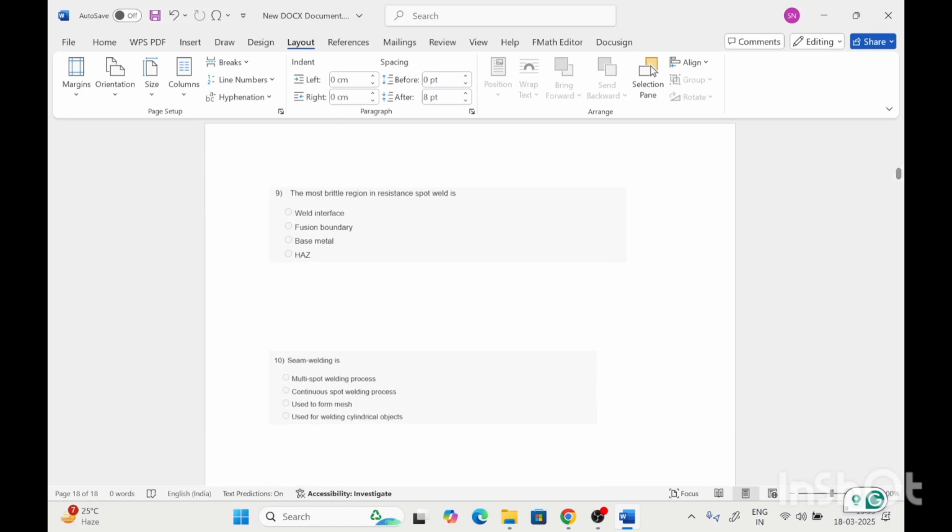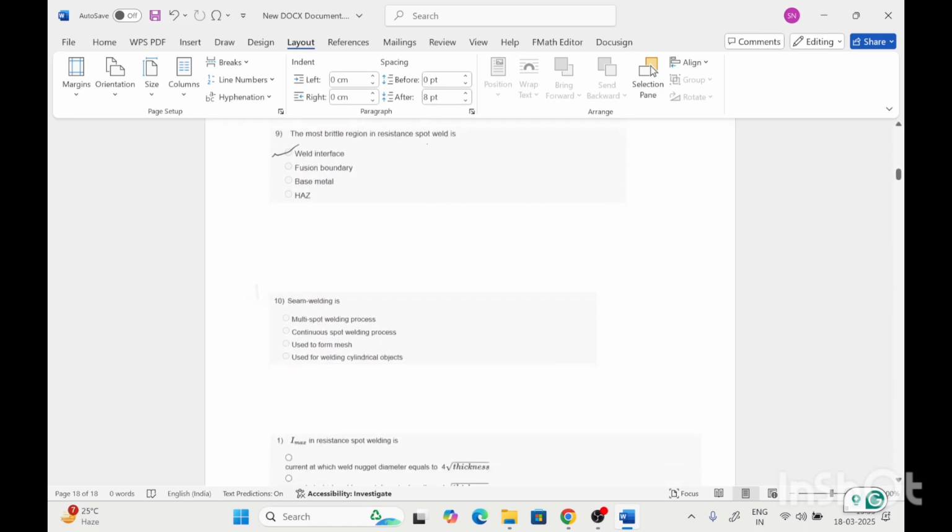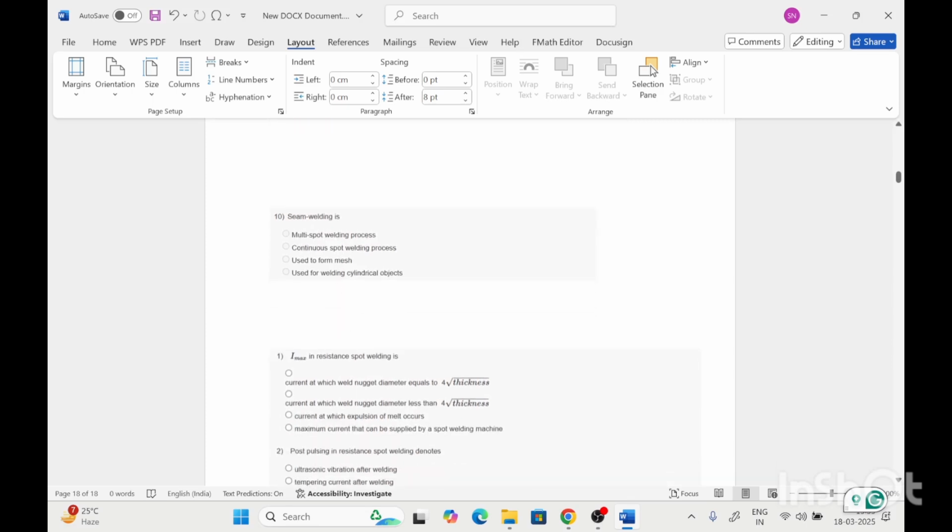Next question: the most brittle region in resistance spot weld is the weld interface, because the alloying elements segregate at that point, so that region becomes brittle. Yes, ma'am, you just covered this part. Next question: seam welding is multi-spot, continuous spot welding. Yes, B is correct.